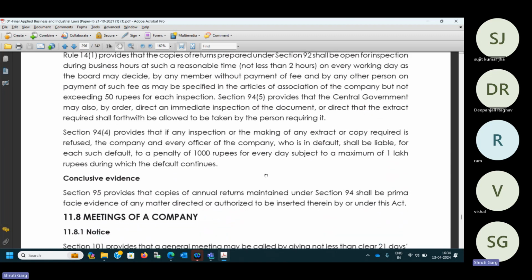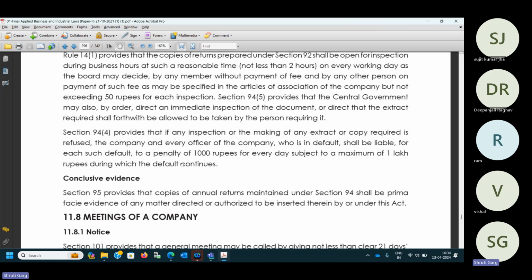If a company refuses to allow inspection or to make a copy for the shareholder, if a member or shareholder wants to inspect the annual return or registers or any statutory record or wants to make a copy of the return, but the company or its officer denies to do so, then they will be liable to a penalty.